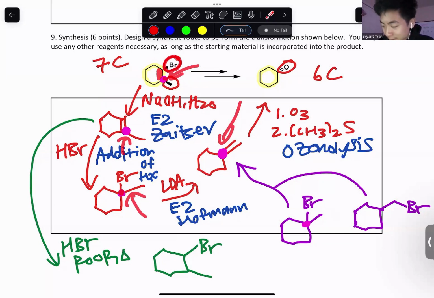So if I want to do the Zaitsev alkene, then I gotta use a small base, right? So another way you can think about it is that I want to go towards this methyl group here to make an alkene there. And if I want to go towards this methyl group, I want to make an alkene that touches that pink carbon that I've been tracking, right? To do that, I've got to do E2 Zaitsev.